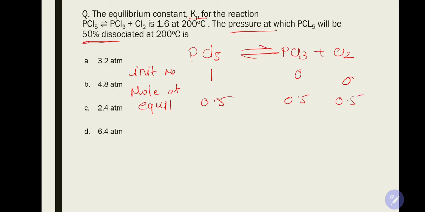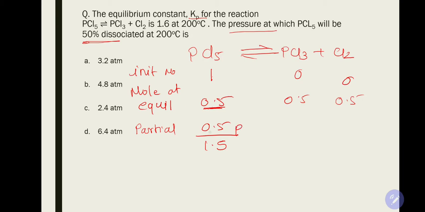Clear? So what is the partial pressure? Partial pressure is given by the number of moles upon the total number of moles. The total number of moles is 1 plus 0.5, which gives you 1.5.